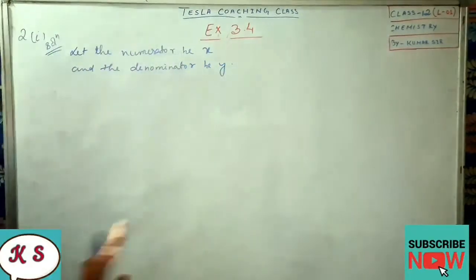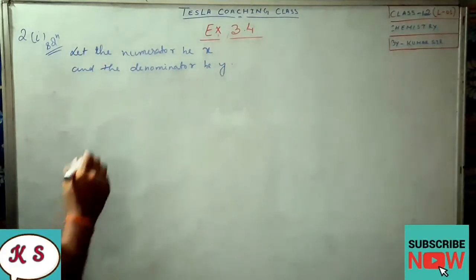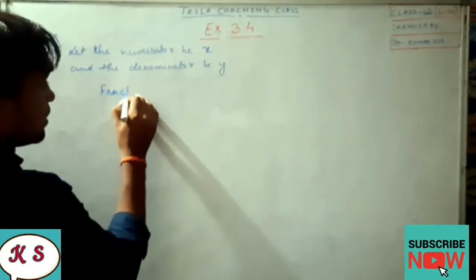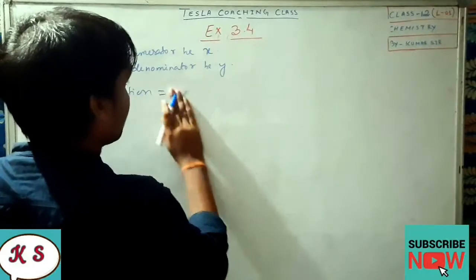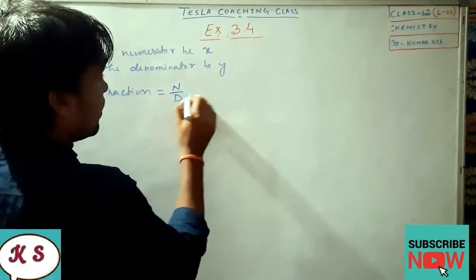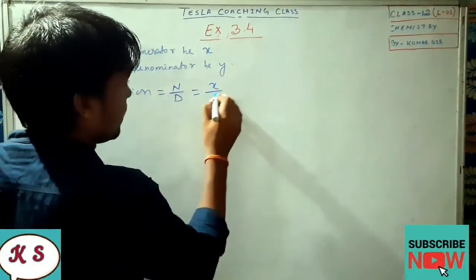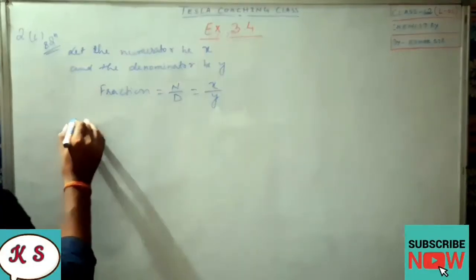This is our assumption. Numerator is x and denominator is y. So the fraction will be equal to numerator by denominator, that is x by y.